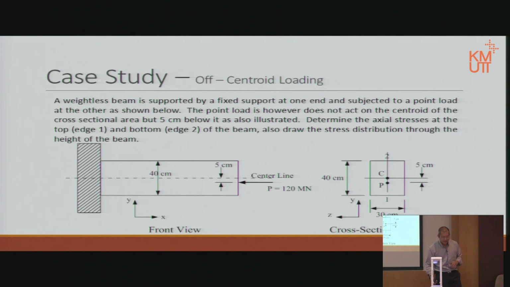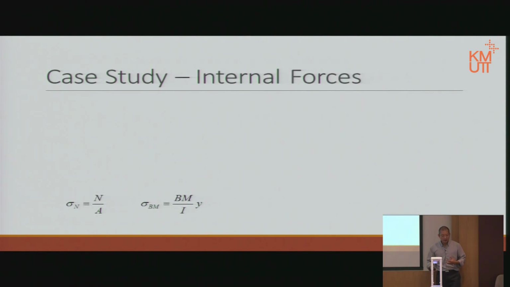Of course, we need to know two stresses: the axial stress caused by axial force, and the axial stress caused by the bending moment, which have two different formulations here. We learned about the formulations and we have seen how to apply them already.